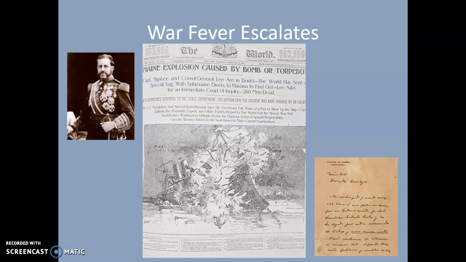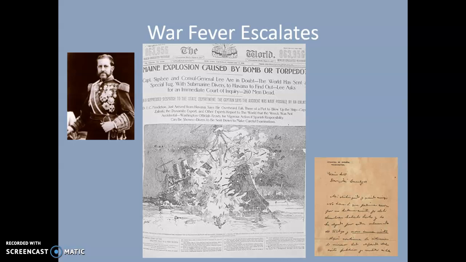So there's a competition between two different newspapers. One owned by Randolph Hearst, one owned by Joseph Pulitzer. I'll actually never require you to know those names, but there is a competition between these newspapers. They're basically just trying to see who can sell more.